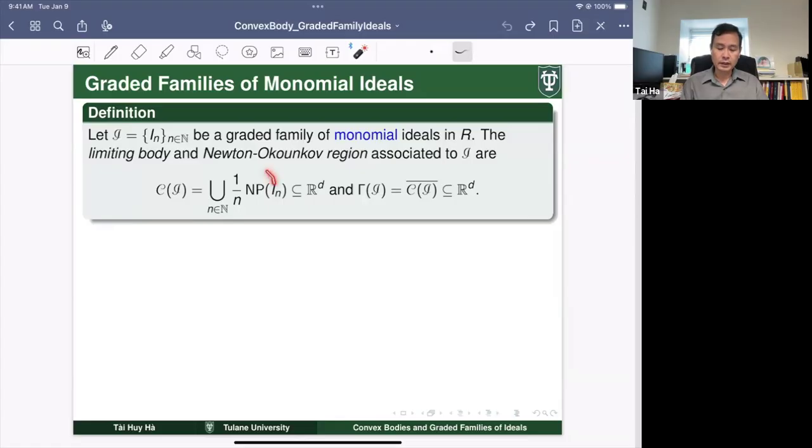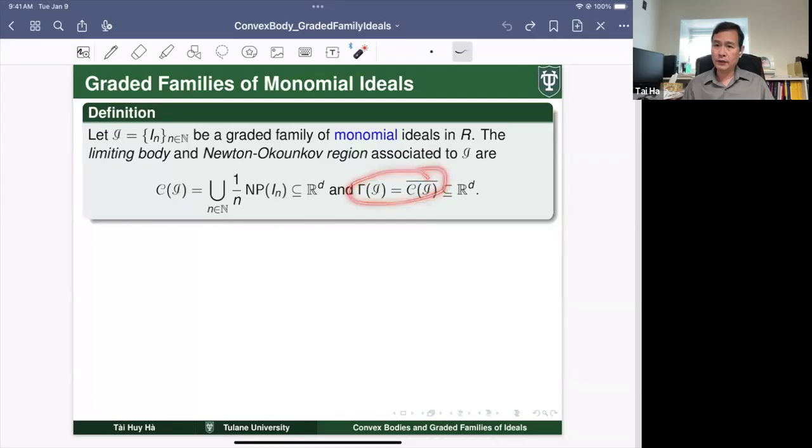So this will be a convex set inside R^d, and it's not necessarily closed. So one can close it down and denote it by gamma. So C is just the union of the scaled Newton polyhedra, and gamma is just the closure of C.